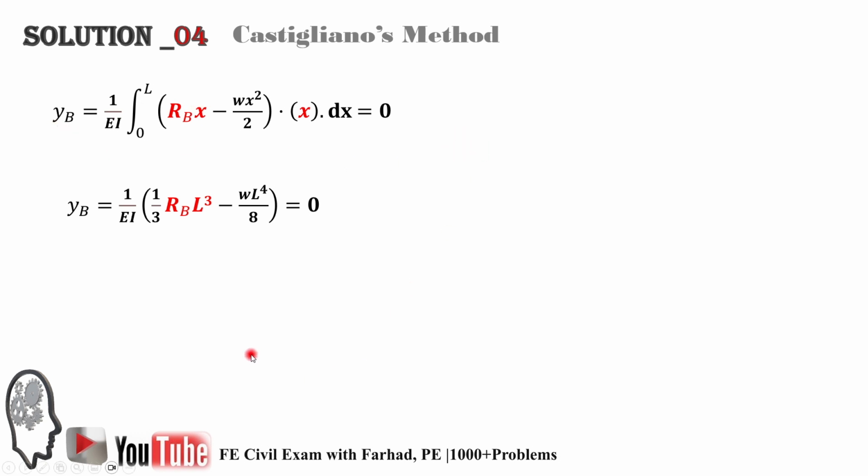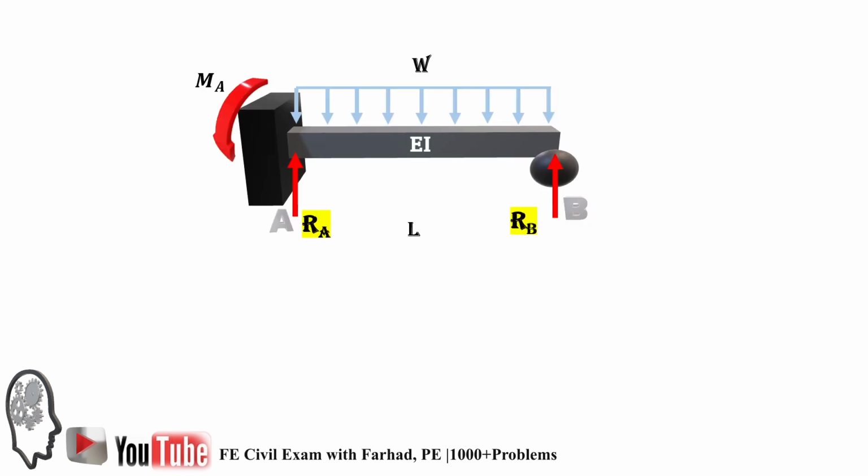There's a support there. If you do the integration and use the limits of integration, it gives you this equation. Definitely the constant cannot be 0, so this part should be equal to 0, and that simply gives us RB is equal to 3 over 8 WL. As soon as we know what RB is, we can jump to our geometry.